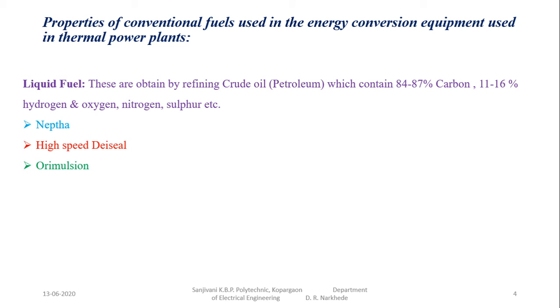Then next commonly used is ore emulsion. It is a fossil fuel and it is basically an emulsion consisting of natural bitumen dispersed in fresh water in a 70-30 ratio. It can be transported by tanker or pipelines. Its calorific value is nearly 7,000 kilocalorie per kg and its ash content is very low, 0.2%.